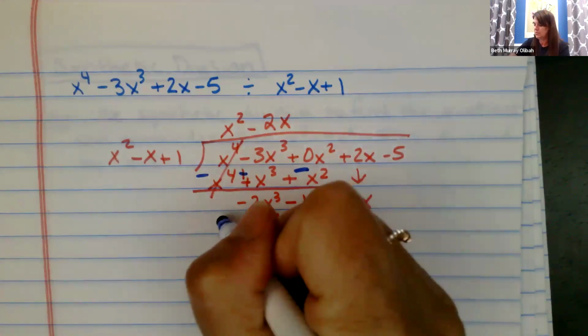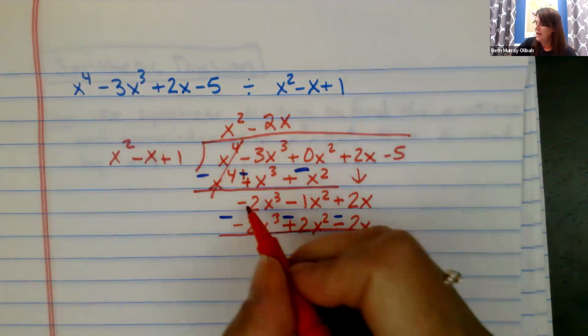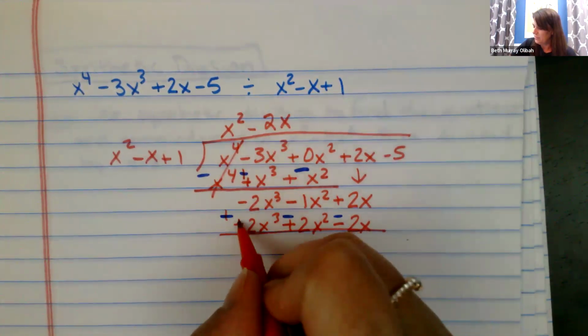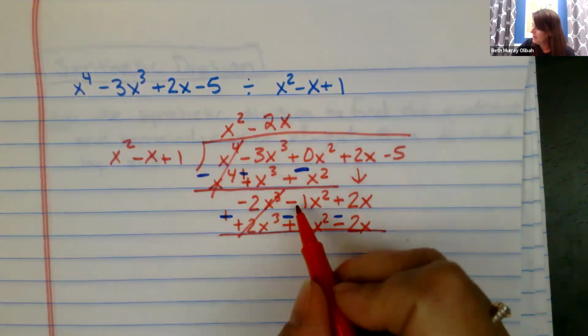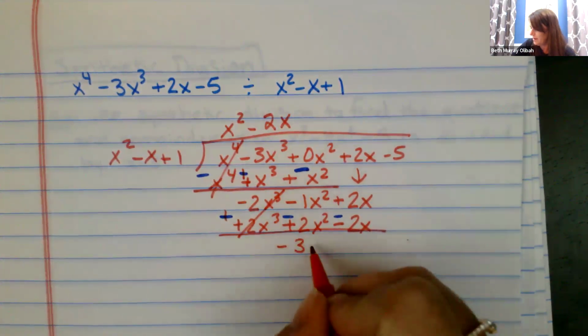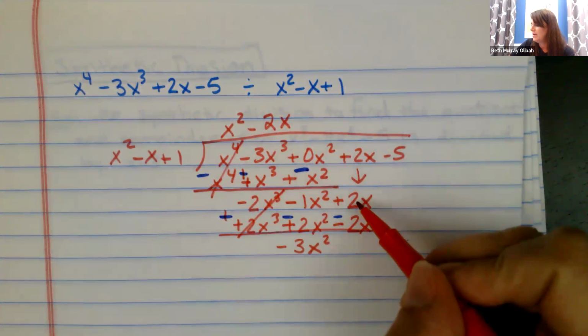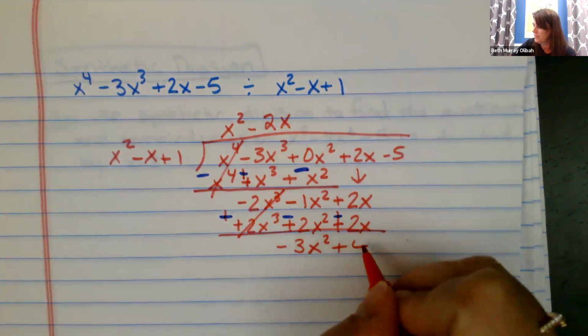Now subtract, subtract, subtract. -2 minus a -2 really means -2 plus 2, which is 0. -1 minus 2, be careful, that's a -3. And 2 minus -2, that really becomes plus, so it's 4.